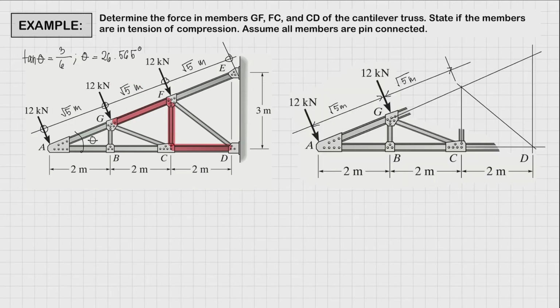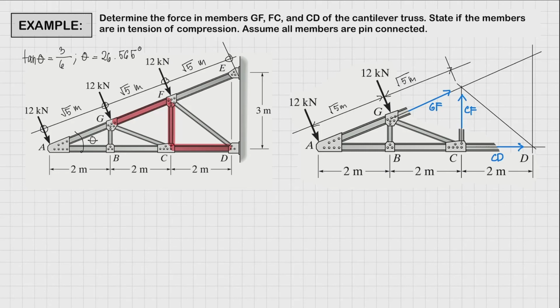Alright, so we're going to assume that all the members are in tension, so they are pulling away from our section. So this is GF, this is CF, and this is CD. Right?